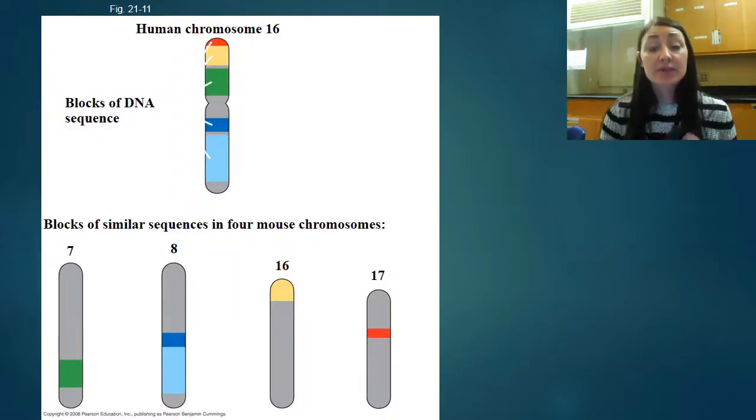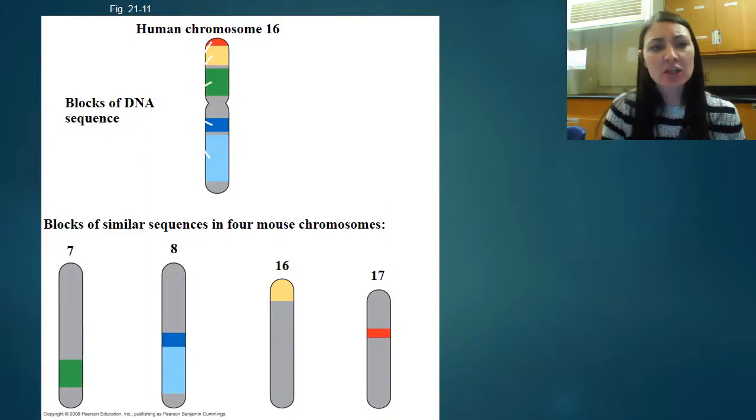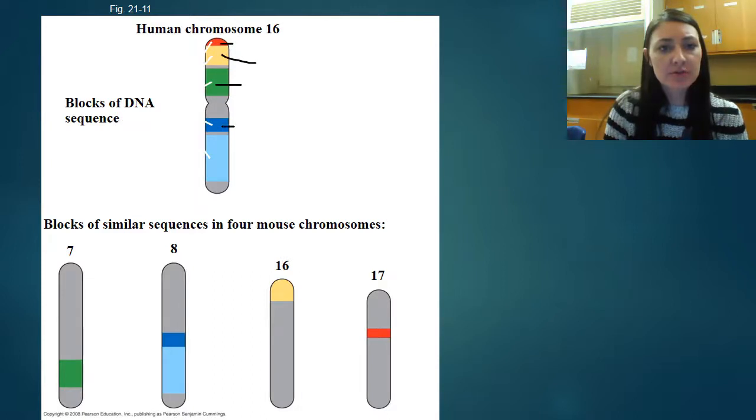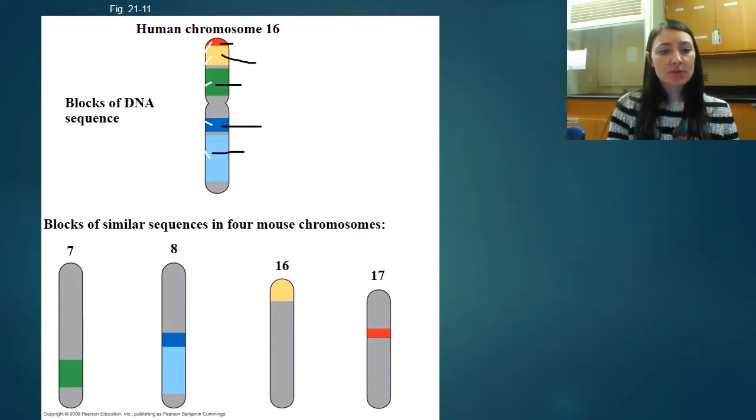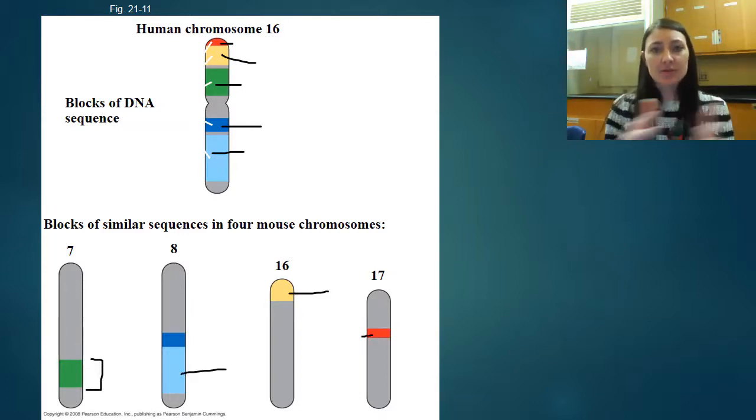Here's an example of a comparative analysis of chromosomes between humans and mice. If we were to look at chromosome 16 on humans, we would see 1, 2, 3, 4, 5 different sections of the chromosome. Those are blocks of DNA sequences. And looking at the mouse chromosomes, we can see the same 5 blocks on different chromosomes in the mouse.